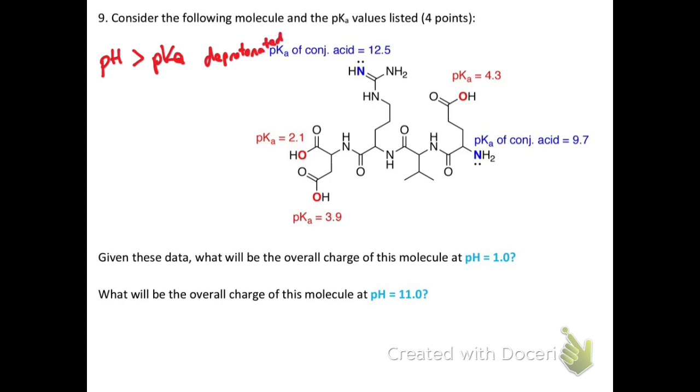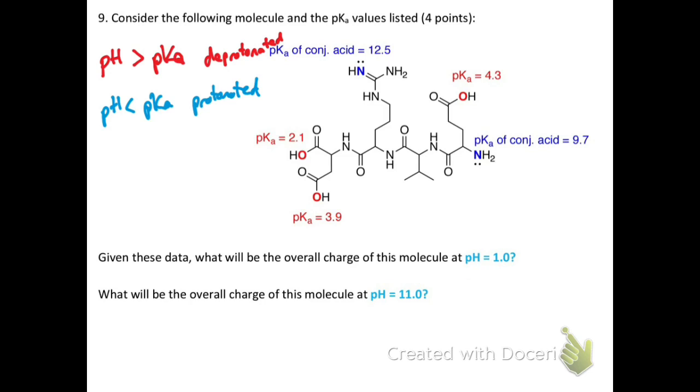If, on the other hand, the pH is less than the pKa, we have a really acidic environment, then this is going to exist in its protonated form. After that, we just need to look at each functional group individually and figure out if it has a charge or not. So let's go through and do this at a pH of 1.